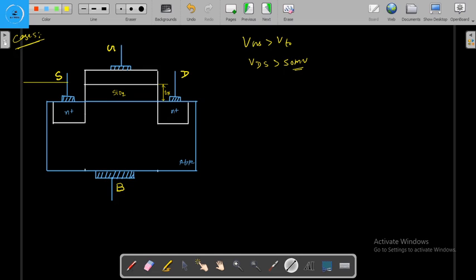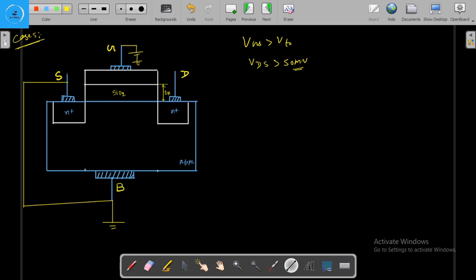From the beginning we have connected the source terminal to the body terminal, and we are making this body ground. Now we have applied the gate to source voltage, this is the VGS.